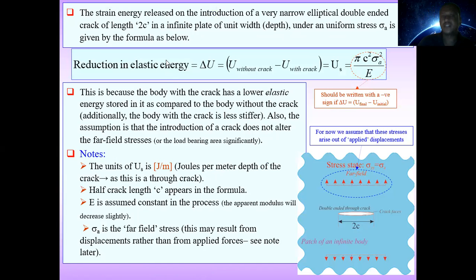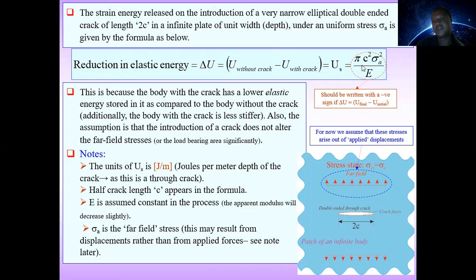The strain energy released on introduction of a very narrow elliptical double-ended crack of length 2c in an infinite plate of uniform width or depth under a uniform stress σA is given by the formula: reduction in elastic strain energy ΔU, which is equal to U without crack minus U with crack, which is equal to Us.